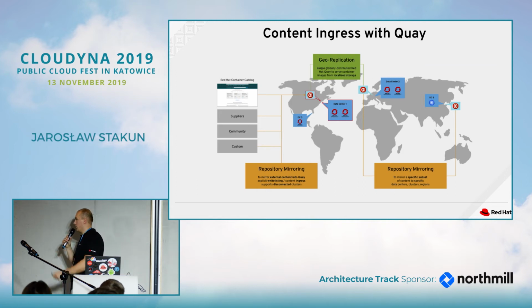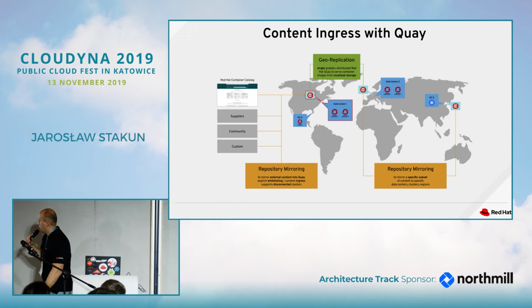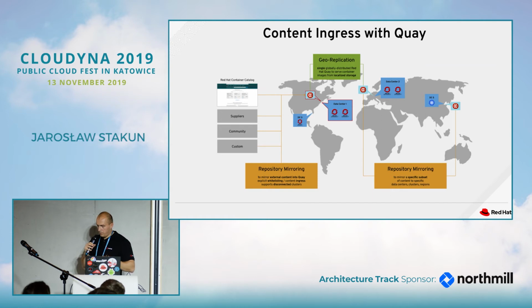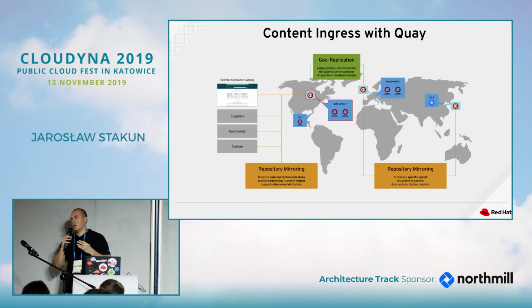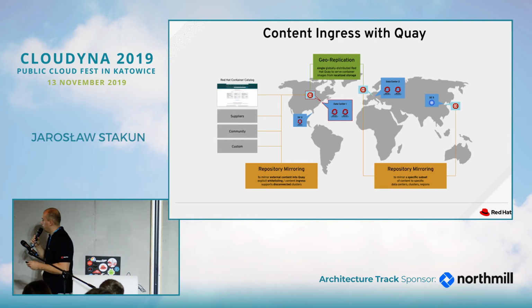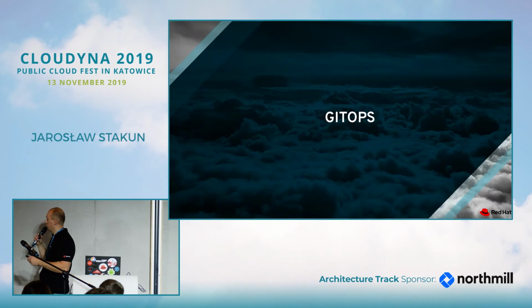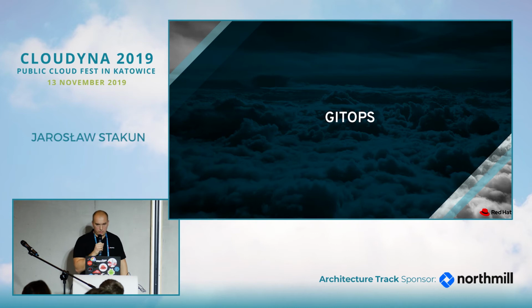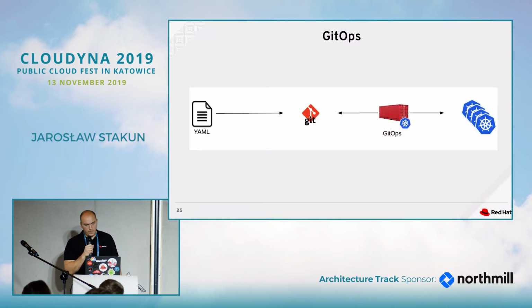So you have a bunch of YAML files. But in this multi or hybrid cloud approach, you need that to get replicated between different instances of your cluster, and this is basically where we started to use the concept of GitOps.